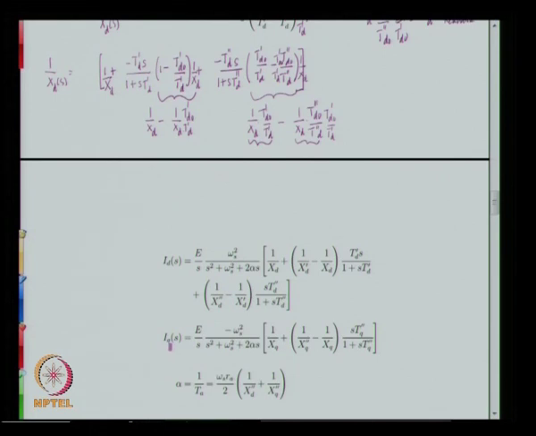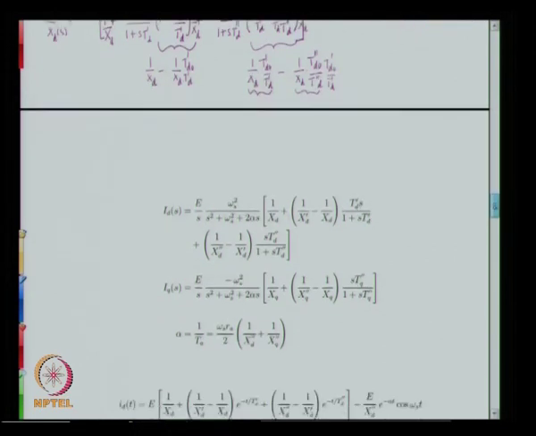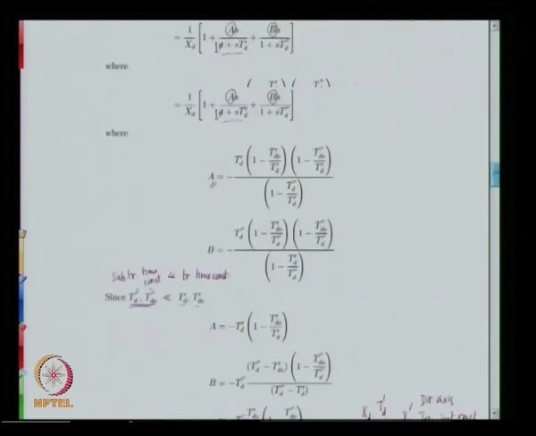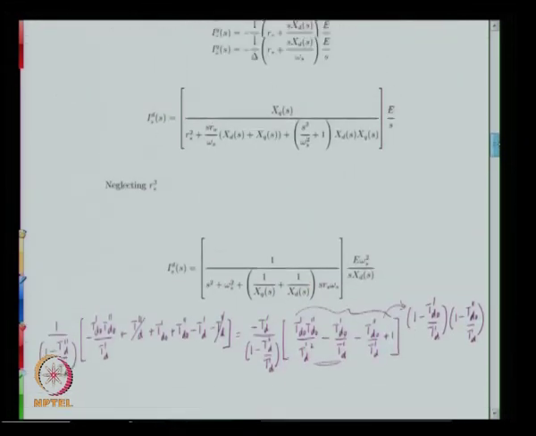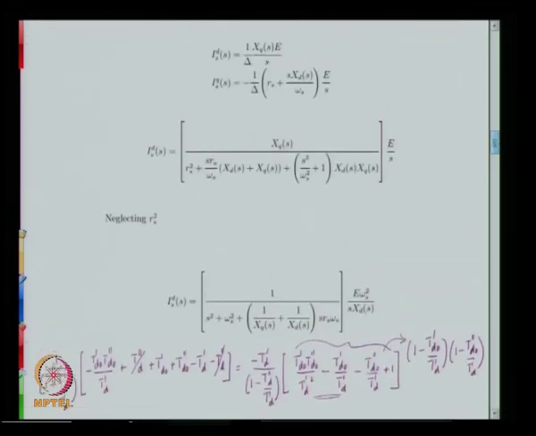And similarly iq of s, by using the same kind of elimination methods, one can write it in this form. Both these expressions really come from the expression here, what we have here as id and iq.